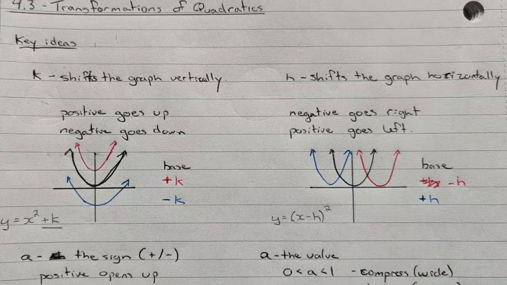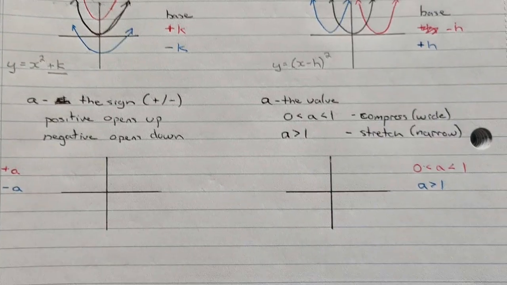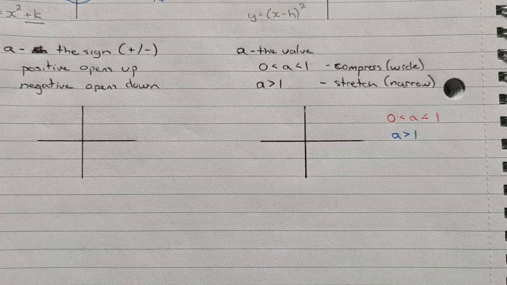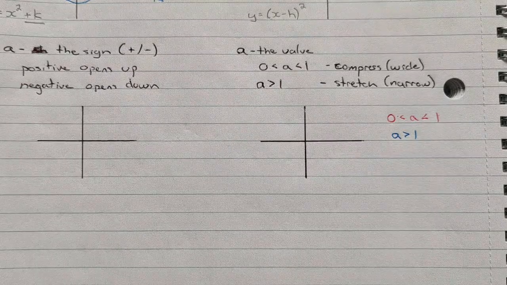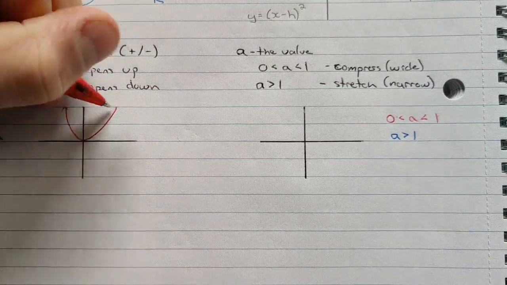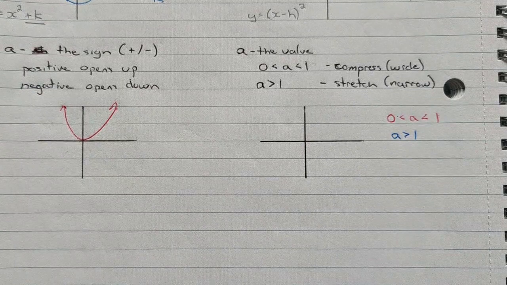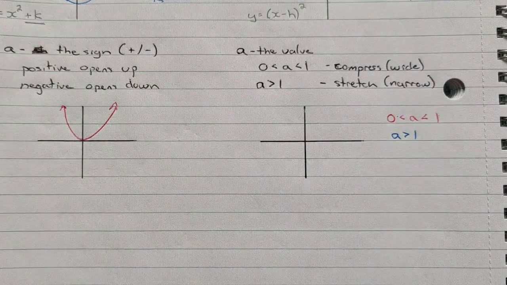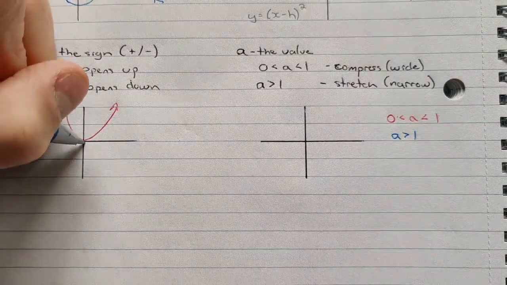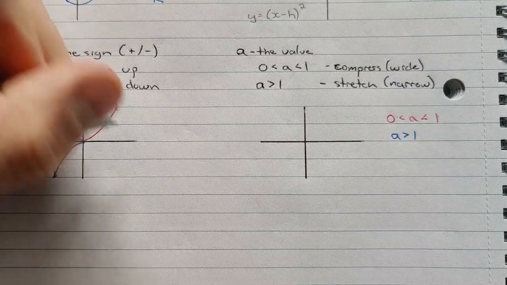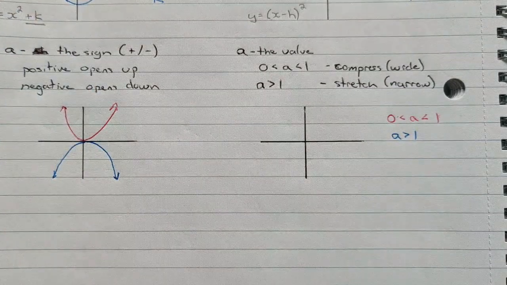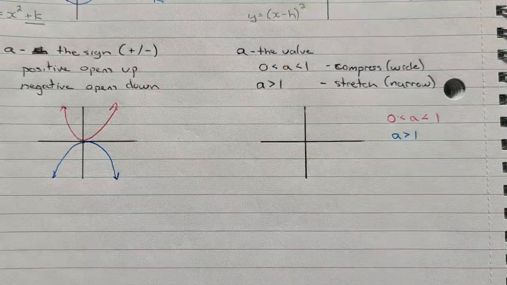Same idea if we flip over to letter A, which does 2 things. First part is look at the sign of A, positive or negative. Is it positive? Then our graph will open upwards. In the case of A being negative, it's the same parabola, nothing changes in shape, but we flip it from the vertex.